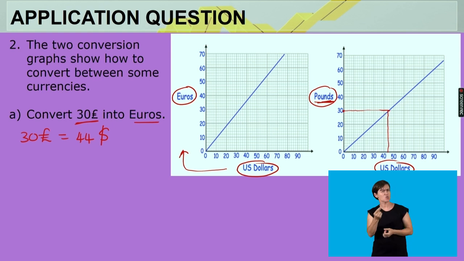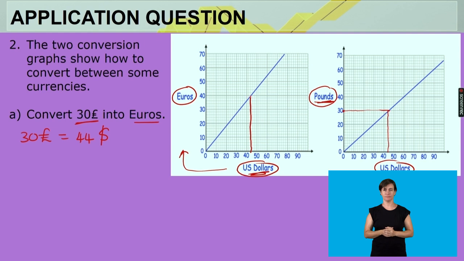So what will happen now? Now I'll come to my graph here, and I'll take the 44 US dollars and convert that to euros. So let's look at our dollars here. I said that's 44, and again look at the intervals there. So 42, 44 is here, and it's US dollars. I'll move all the way up. Where does it meet with that line?